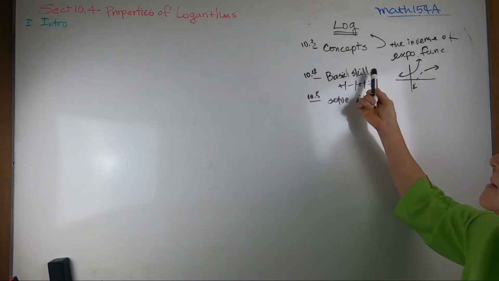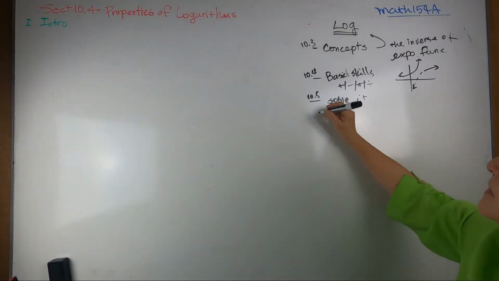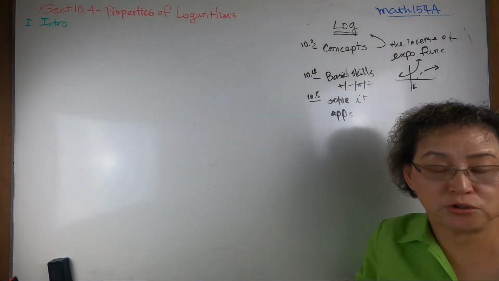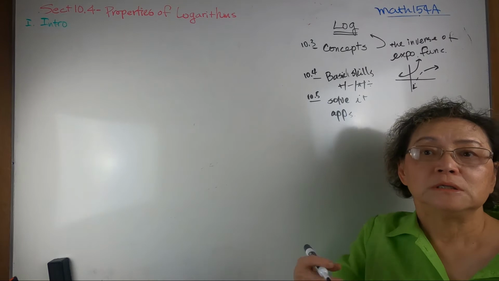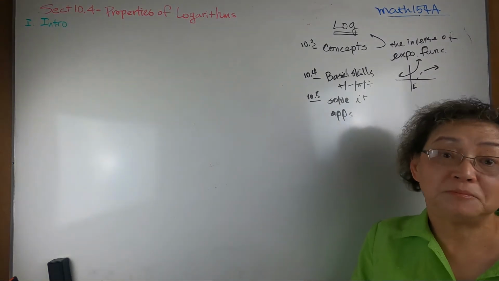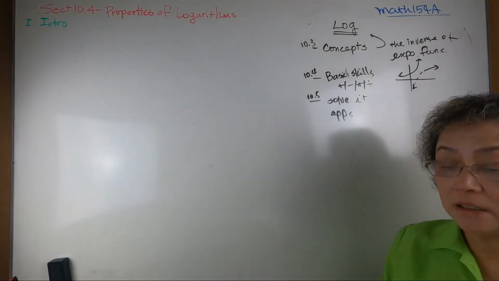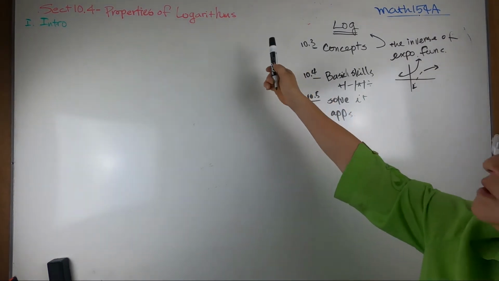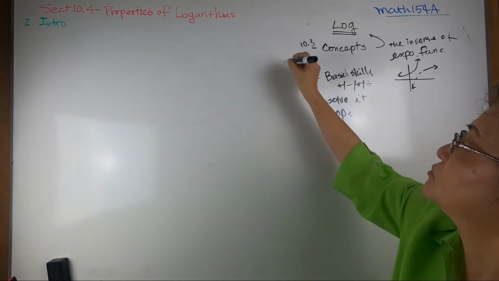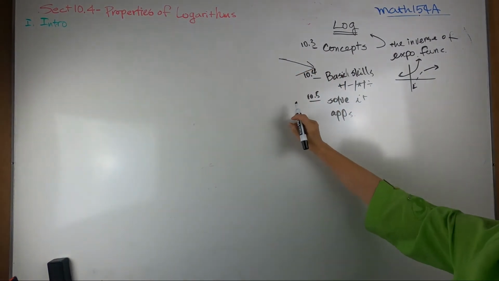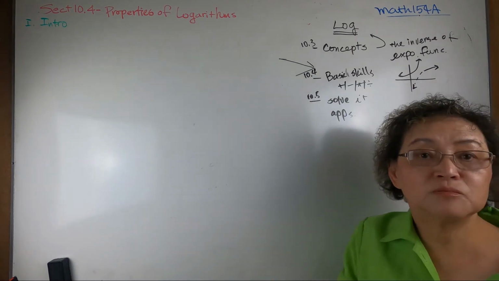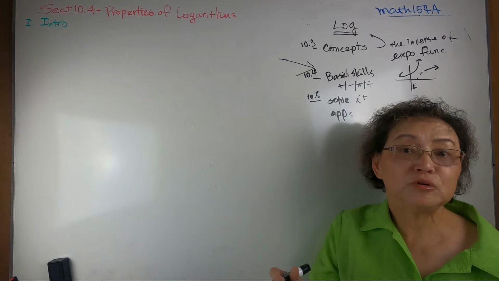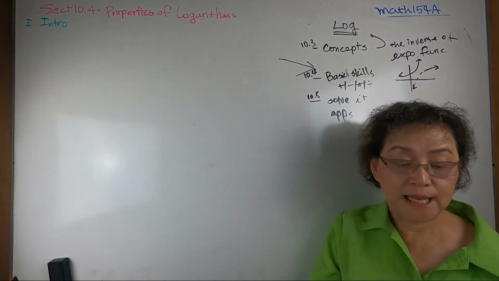First we learn concepts, basic skills, then solve it. Then we learn some apps. That's how we usually do for the things we are learning, the basic algebra. So we are going to learn properties, which means the basic skills, how to add, subtract, multiply, and divide for the log.